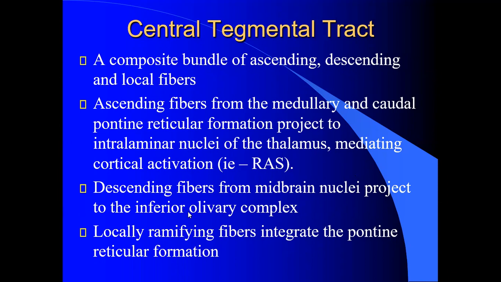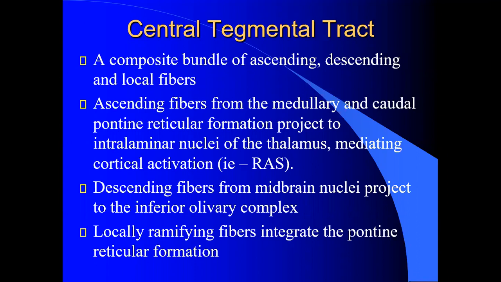And then you have descending fibers from the midbrain nuclei going down to the inferior olivary complex. Now that may seem like a very different thing because one's going to the cerebellum, but hang on a second. What fibers did the inferior olivary complex give rise to? They gave rise to the climbing fibers, which enter the cerebellum. What was the purpose of the climbing fibers? They didn't carry a lot of information. That's the mossy fibers. What were the climbing fibers doing?